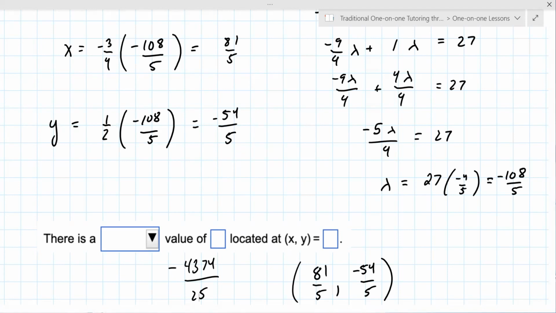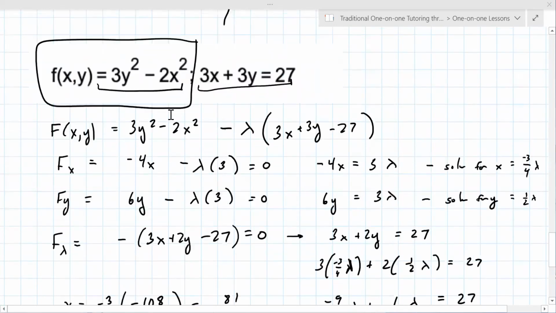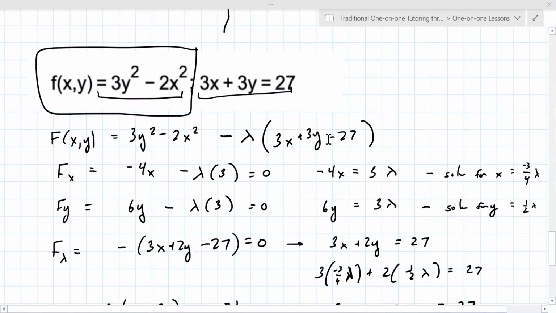Oh wow. Yeah, I'd like to check the work here again. Lambda... 3x. Oh, there's a 3 there.